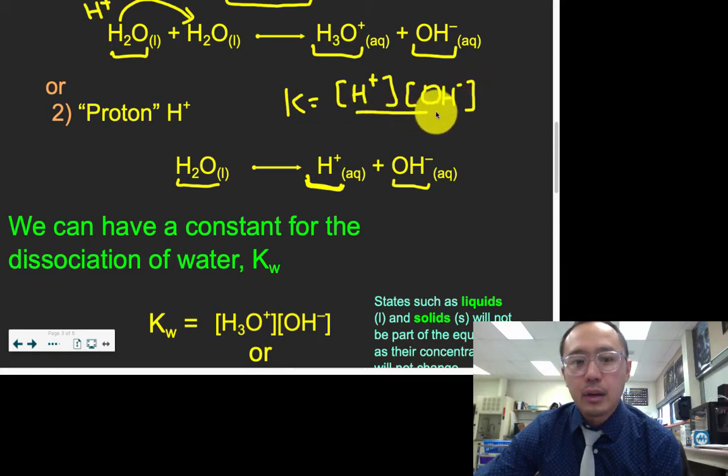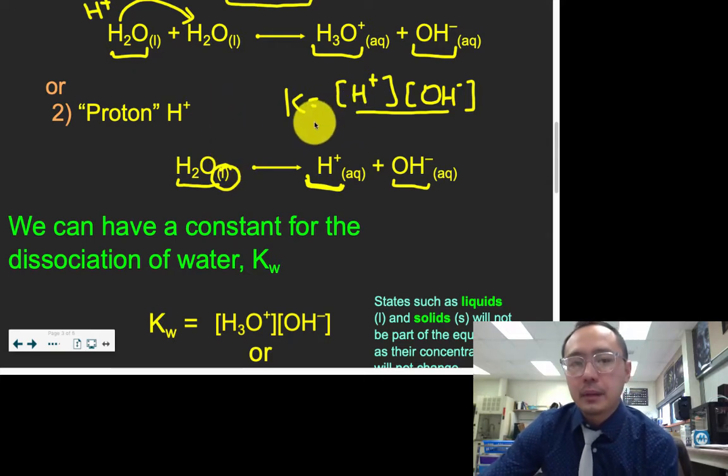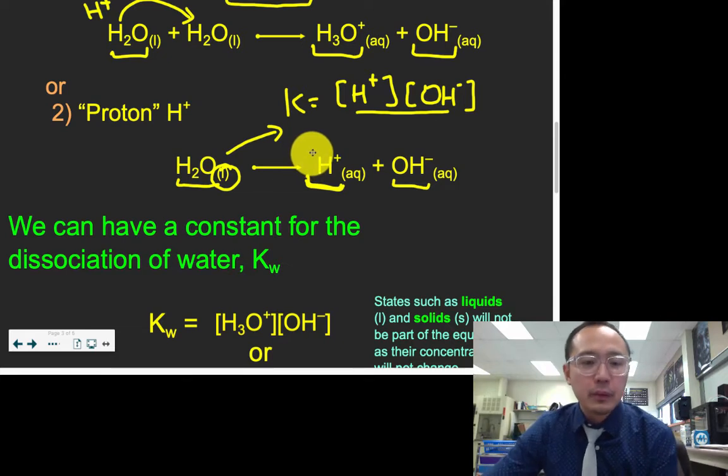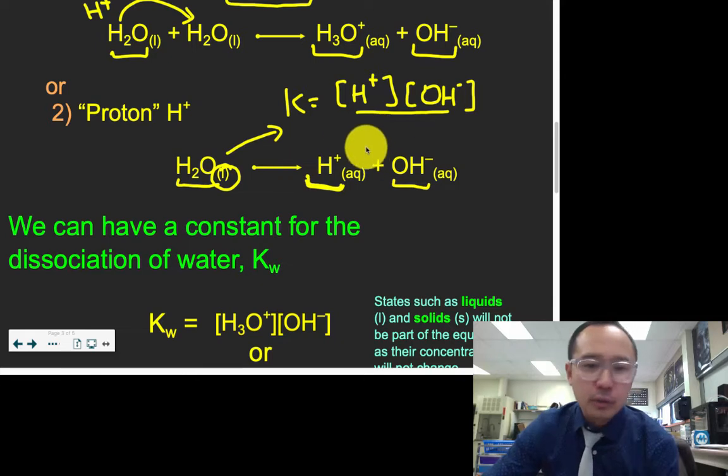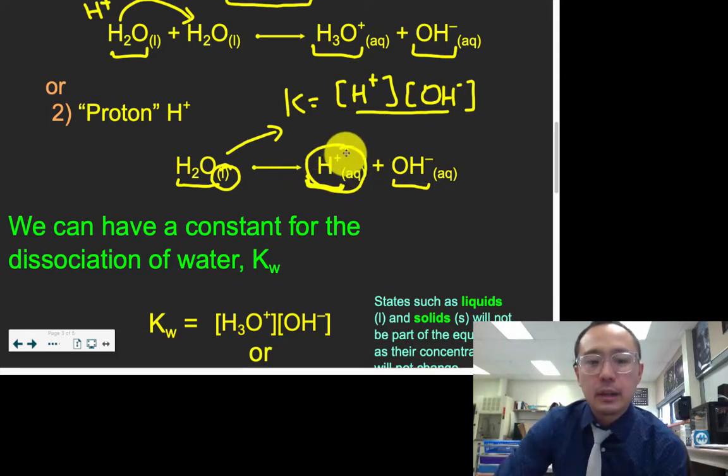We're not going to divide by anything, because states such as liquids or solids don't get used in this expression, since their concentration doesn't change. You only use the aqueous forms.